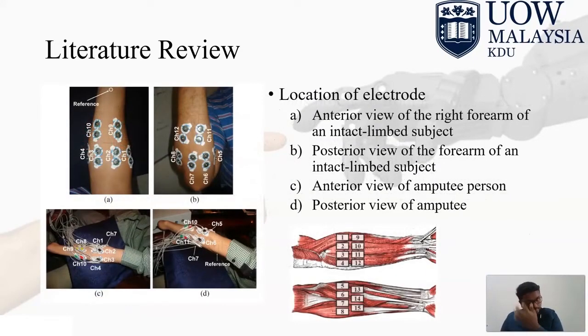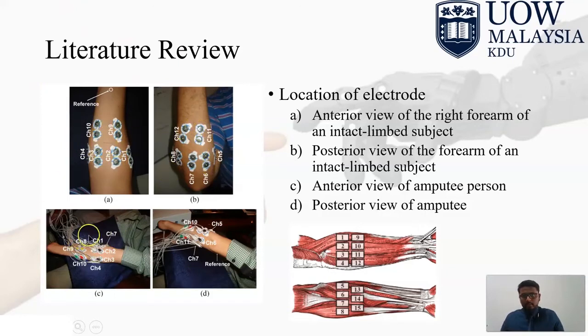Based on this literature review, it shows the location of the electrodes. This is for an intact limb subject, where, as you can see in figure A and figure B, it shows the location for a person who is not amputated.